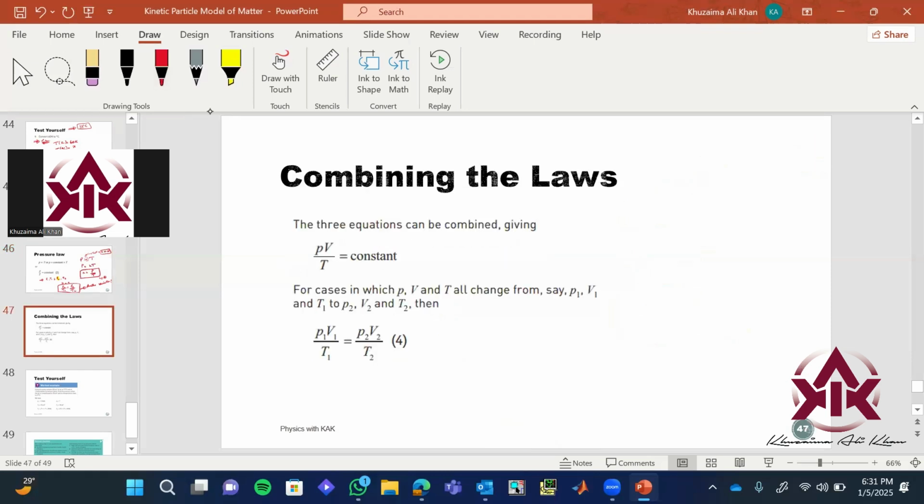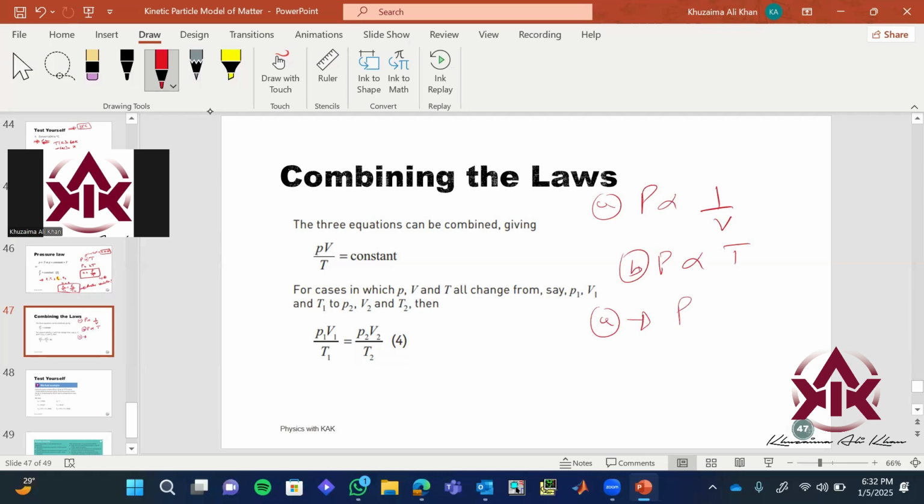Then how can you combine all of these laws? Now the combined law becomes as follows. We have seen that pressure was inversely proportional to volume, and pressure was directly proportional to temperature. If you introduce a constant in equation A and equation B, equation A becomes PV equals constant, and P upon T equals some constant.